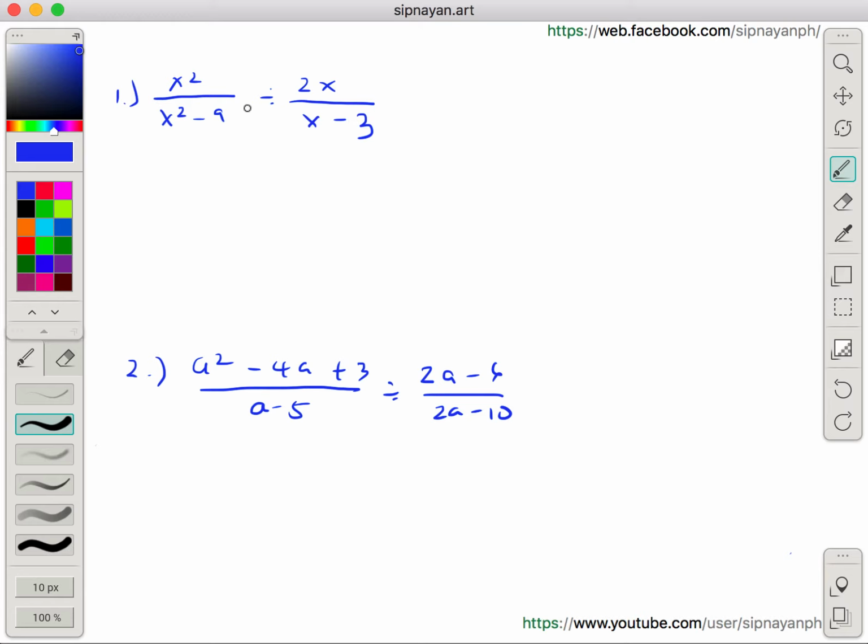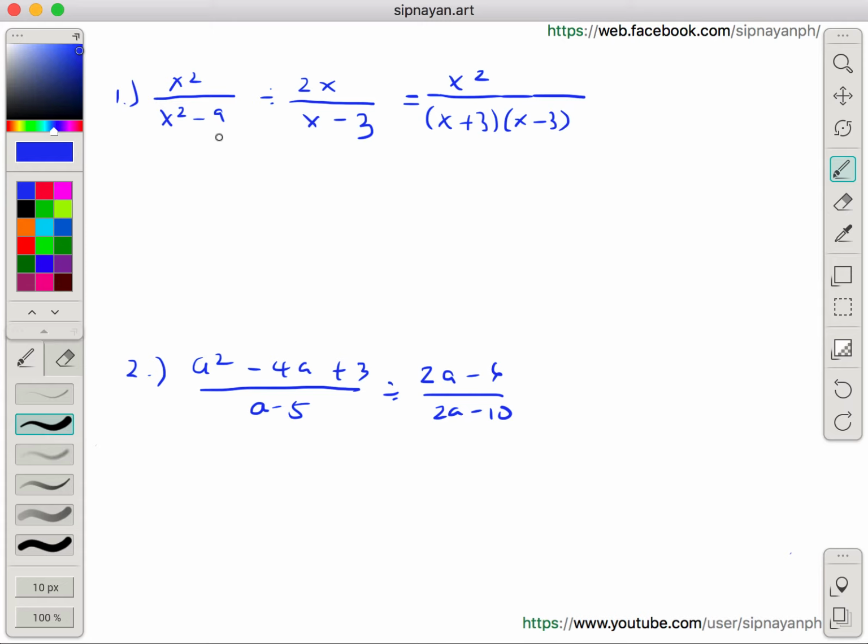We have x squared over x squared minus 9 divided by 2x over x minus 3. Sabi natin sa previous video, ang gagawin natin is we just copy the dividend and then see if we can factor. Yung x squared minus 9 is a difference of two squares, meaning we have x plus 3 over x minus 3.